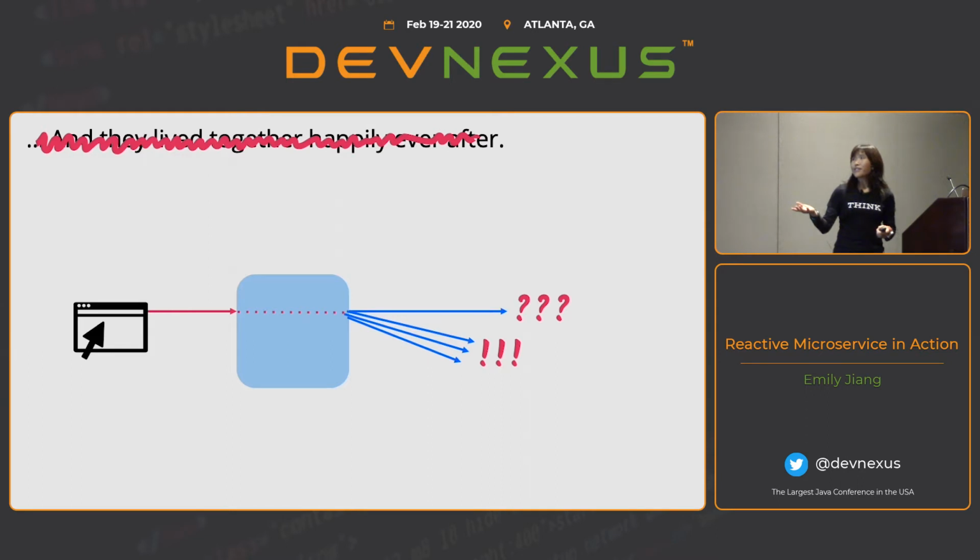So this is the kind of problem reactive is trying to fix. Up to now, hopefully you understand why I need to care about reactive. You need to care about reactive when you do not know who your consumers are. In this kind of scenario, you need reactive.